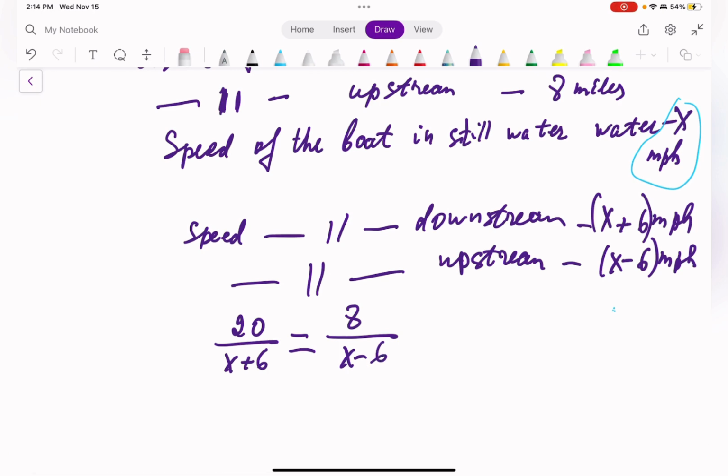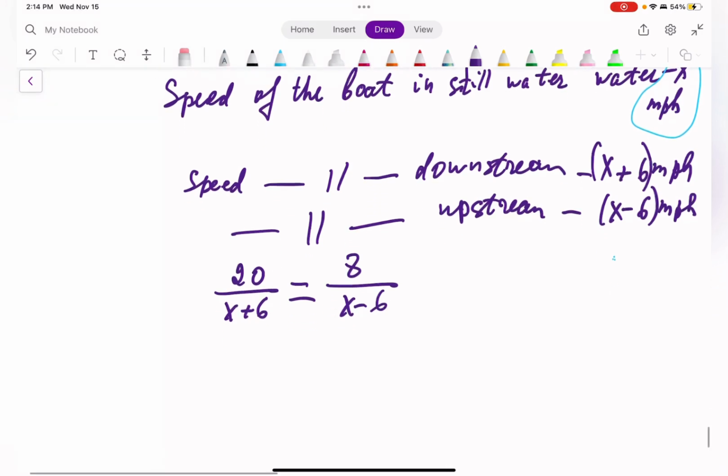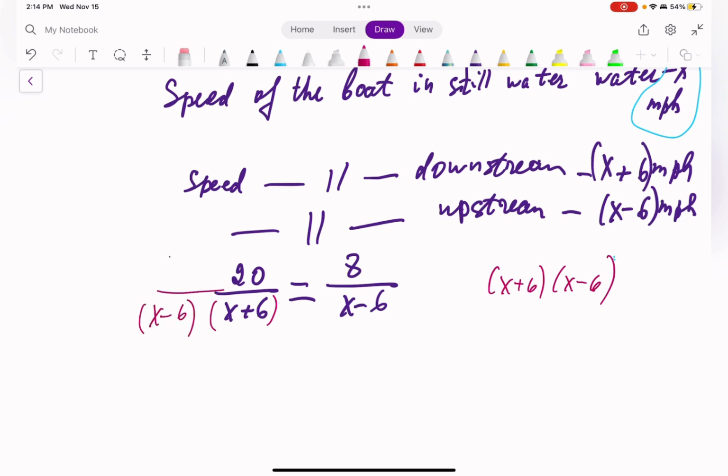Let's solve it and we can find our x. The common denominator is going to be x plus 6 times x minus 6, right? So here we are multiplying and dividing: x minus 6 here, x minus 6 here, and here we're going to get x plus 6, x plus 6.